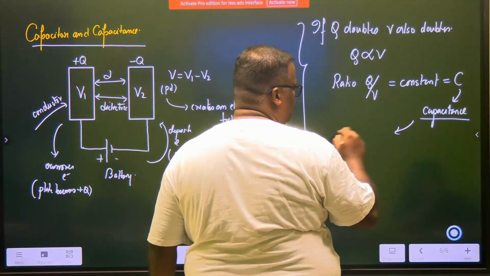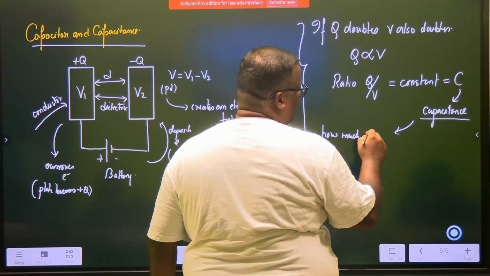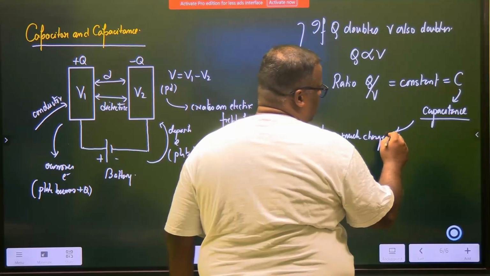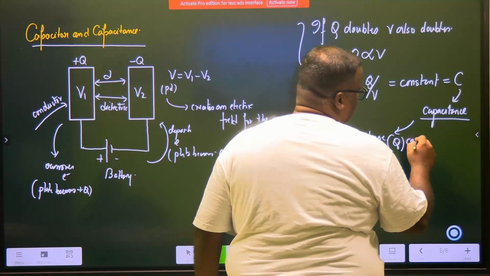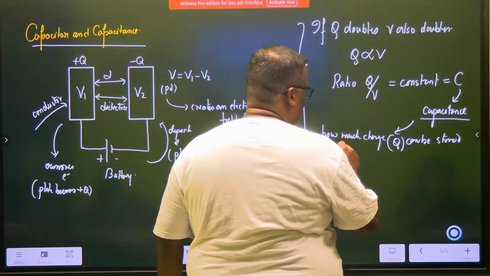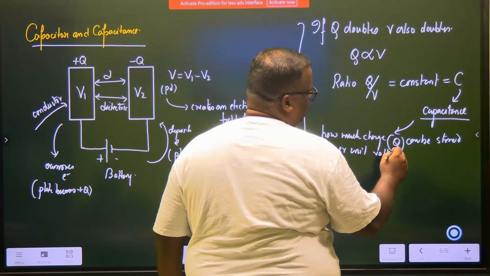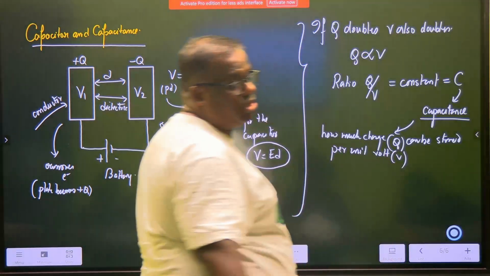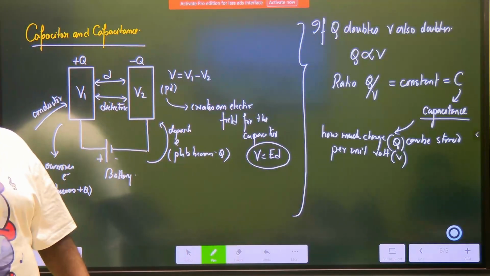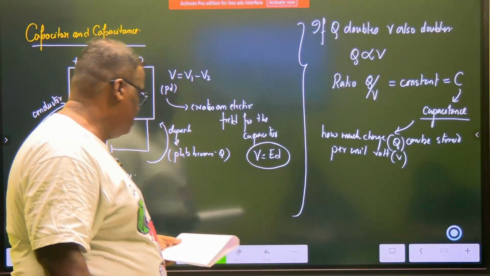Capacitance actually tells you how much charge, that is Q, can be stored per unit volt, that is V. How much charge can you store per unit volt? If you maintain a potential difference of V, how much charge am I able to store?